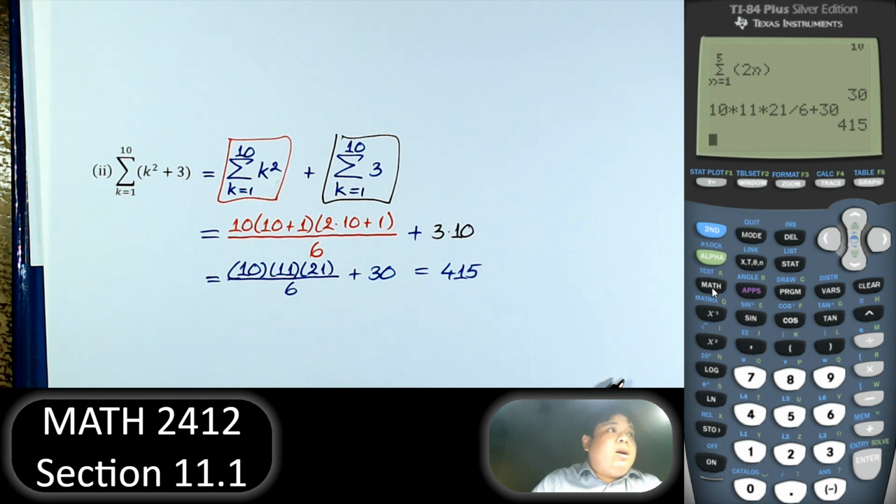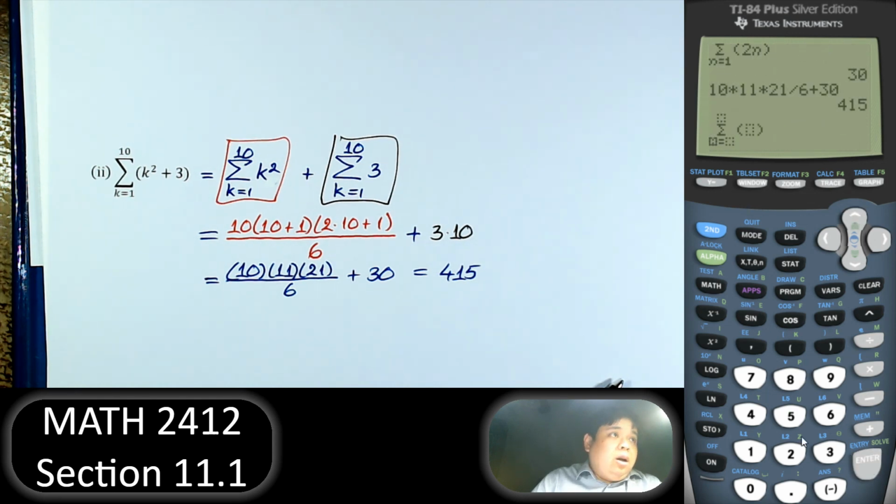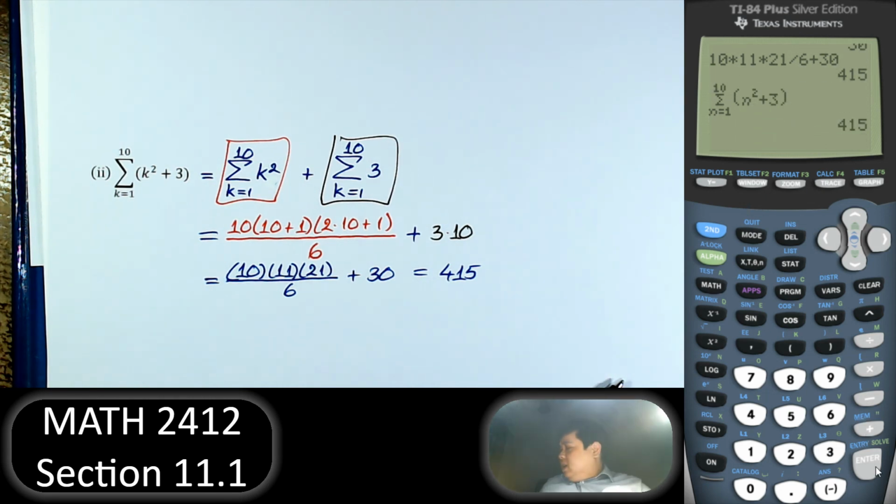If we enter the sum directly, choose n from 1 to 10, n squared plus 3. Yeah, that's what we have.